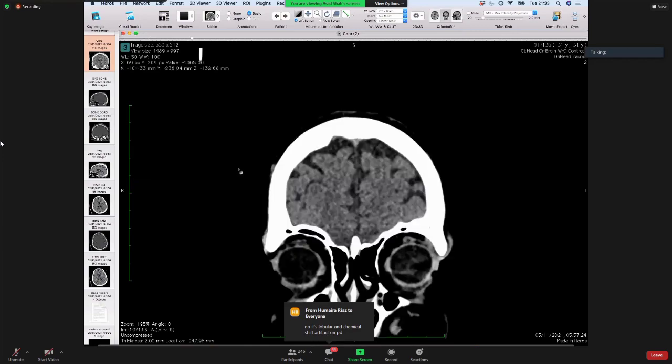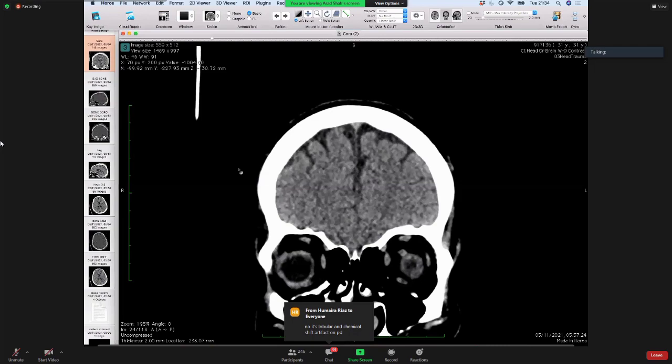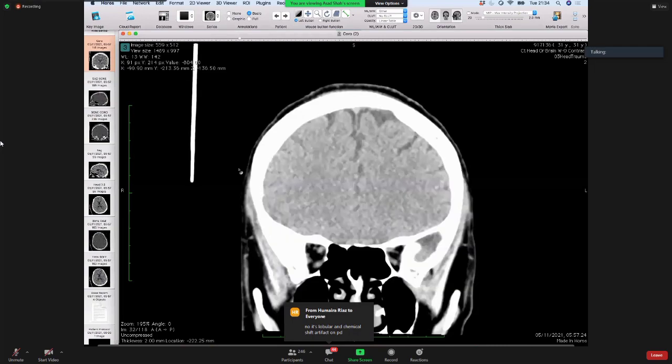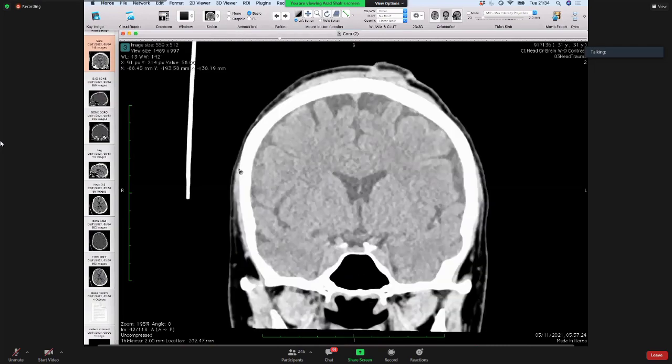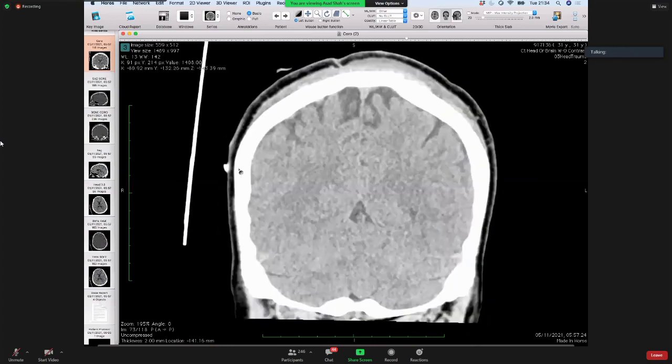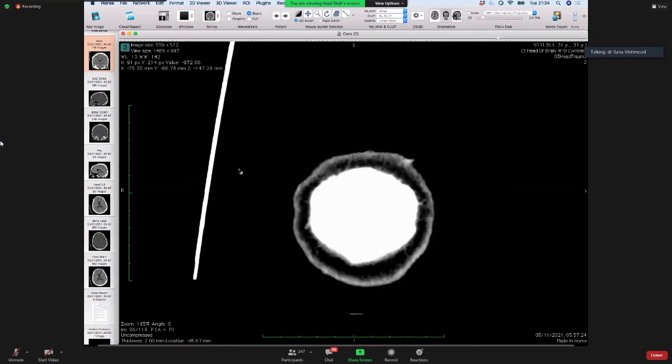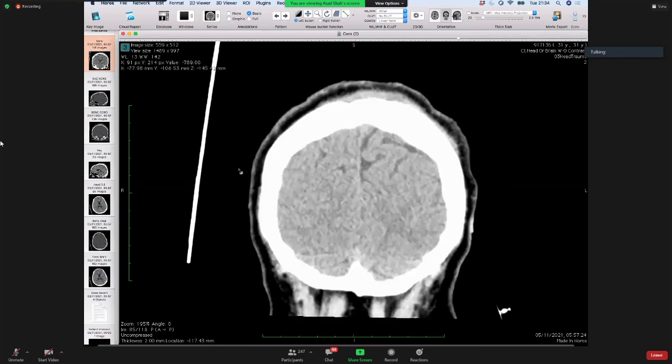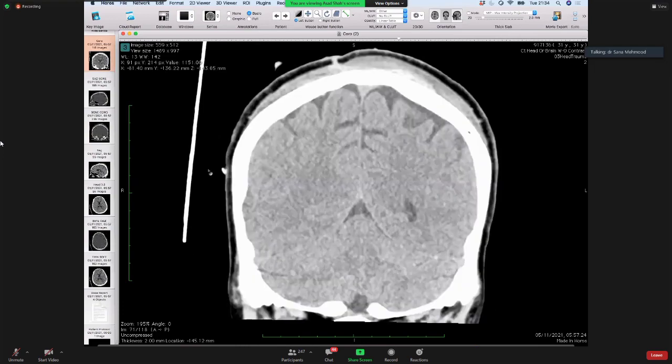That's better. A few hyperdense foci I can appreciate, sir, at the gray white matter junction.